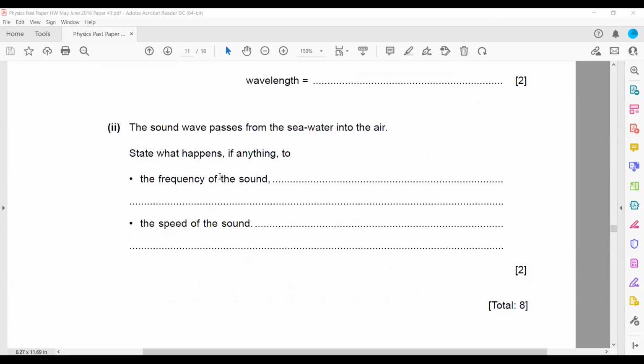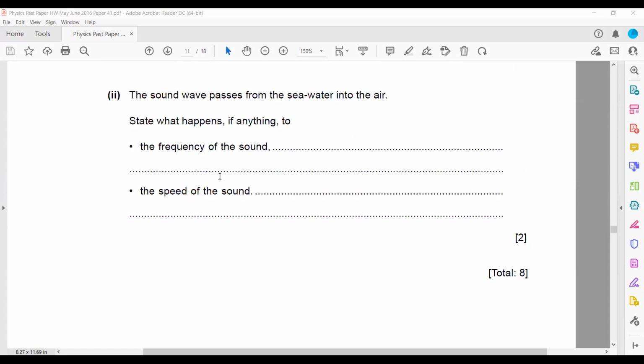In the second part, the sound wave passes from sea water into air. So the sound wave is in sea water. In sea water, the sound wave travels at 1500 meters per second. But in air, it travels 330 or 340, or even 300 is correct. What happened to frequency? The frequency of the wave never changes.